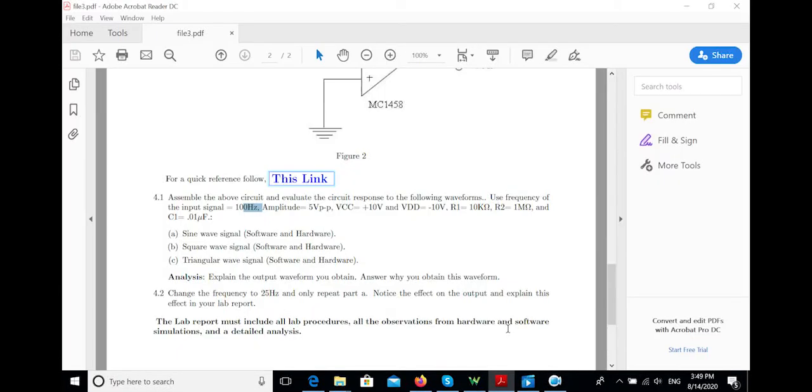The next part of the question is asking you to change the frequency. Nothing special here, you just need to change the frequency and explain what changes you see in the output in comparison to what you had before.